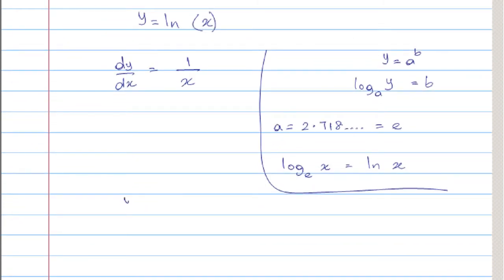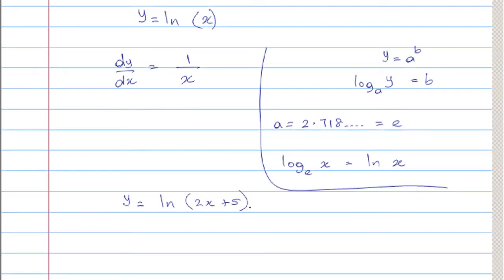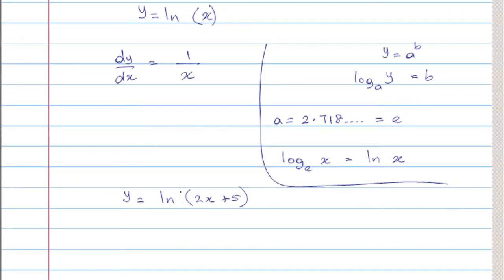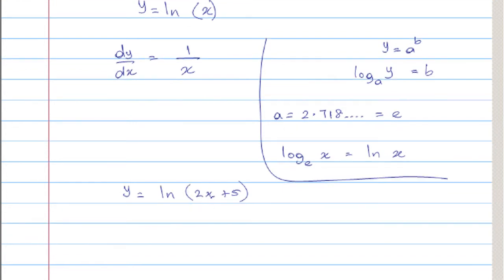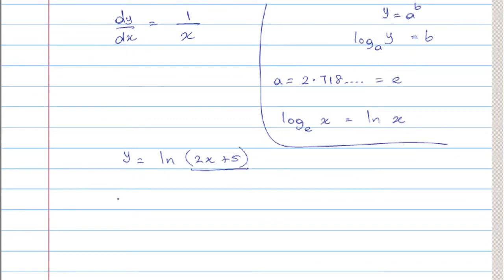So let's say we have another function. Let's say we have y equals ln of 2x plus 5. And let's say we want to differentiate this. Once again, I have a function of a function. I have the ln as one function, but I have 2x plus 5 as the argument of that function. So in this case, I take this bracket here to be t, and use that as my t substitution for the chain rule.